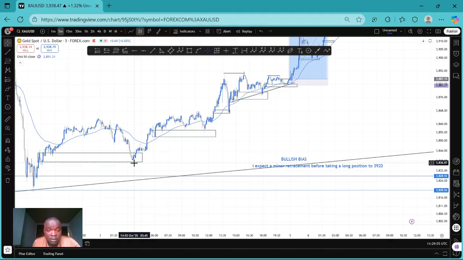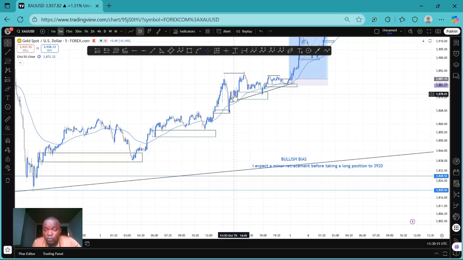It created another block around the zone, moved up and touched this zone again, then formed an eye and touched the zone again. It came back to this zone and moved up again, making a double top. But there was another block it created here, which it touched.